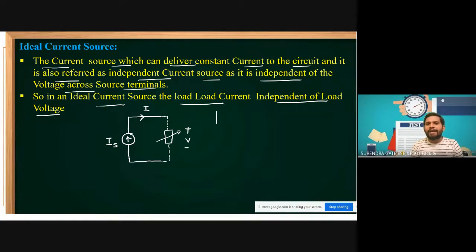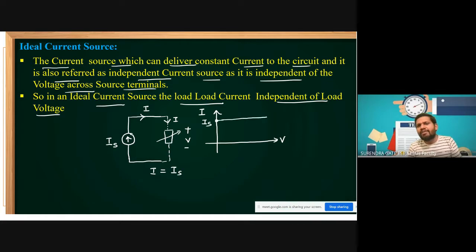Then if you draw the characteristics, this is voltage and this is current. Whatever the load voltage, what is the load current, students? The load current I is always equal to which value? Is. Let the amplitude of this Is be I. Whatever the load voltage, that Is remains constant.